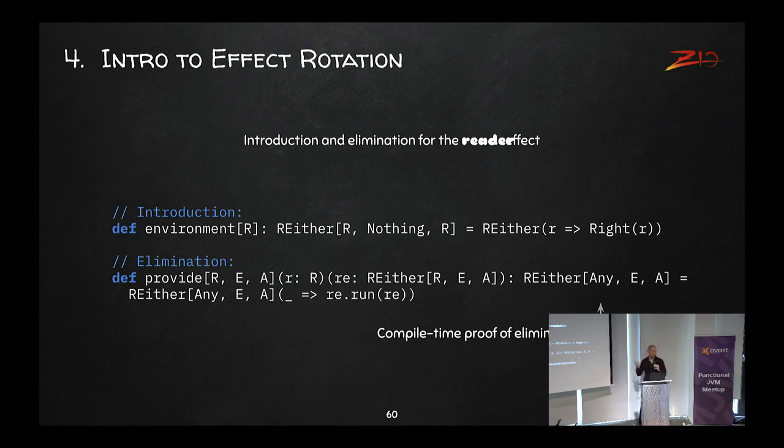We've eliminated its dependency on any specific type of environment. So this shows us that using this data type with 3 type parameters, we can dynamically introduce and eliminate both errors, the E type, the error type, as well as the environment type. Whenever we eliminate the environment type here, it goes to Any. When we eliminate the error type, it goes to Nothing.